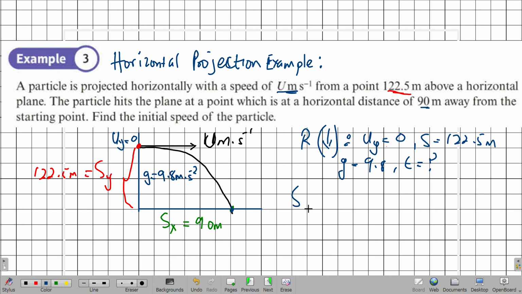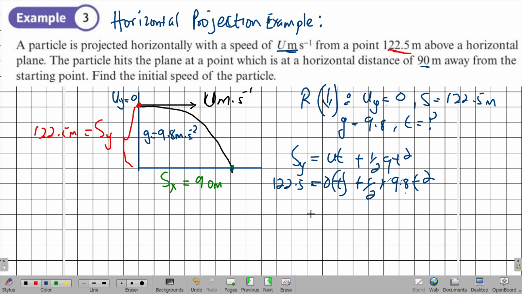So using our equations of motion, s equals ut in the y direction plus half g t squared enables us to find t in this case. Since we know that initial velocity in the vertical direction is 0, this remains 0, plus half times 9.8, which I've already calculated as 4.9, t squared, and this is equal to 122.5.